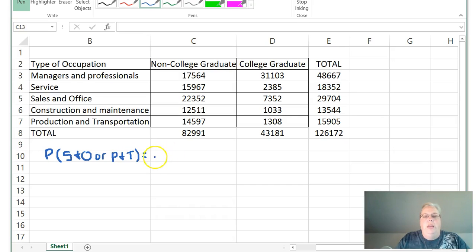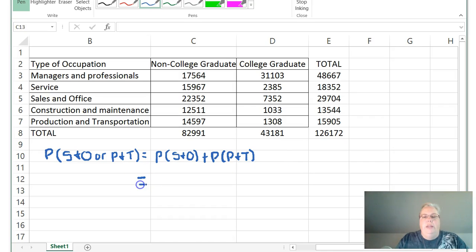Now this should be equal to the probability of sales and office plus the probability of production and transportation. And there won't be any people in the overlap there. There won't be any people who are in sales and office that are also in production and transportation. So there's nothing back here to subtract off.